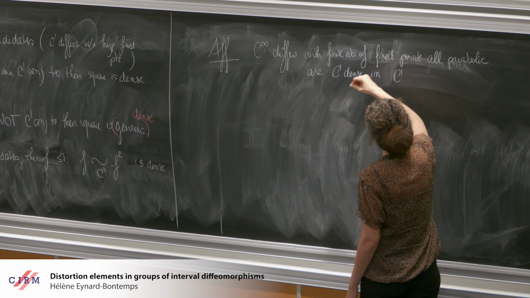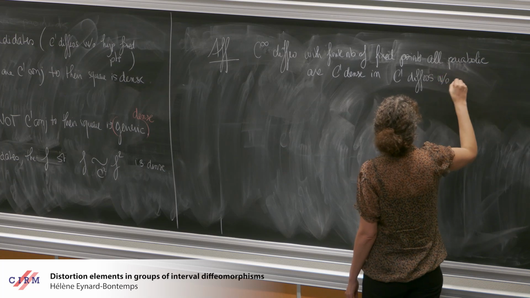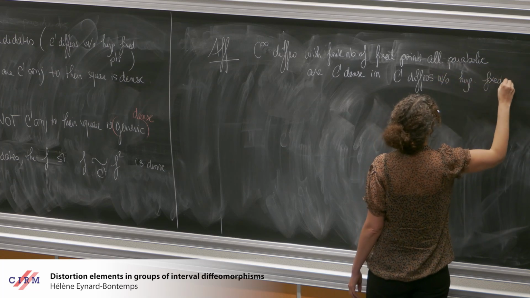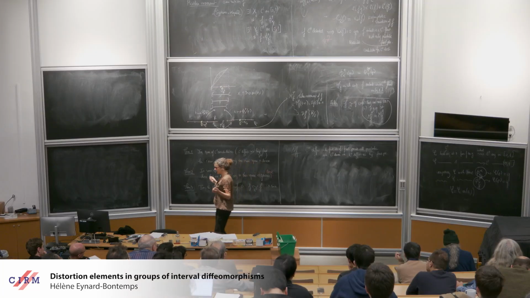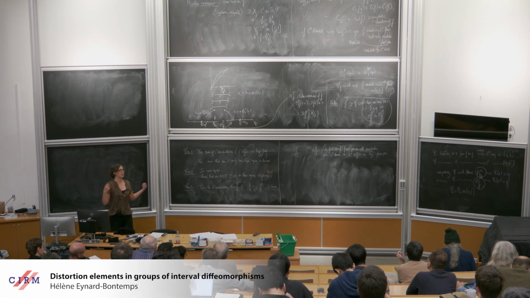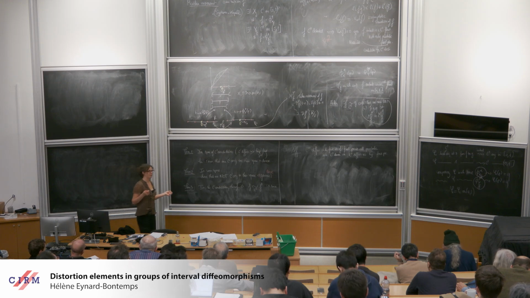In C1 diffeos without hyperbolic fixed points. So the idea is that if you start with any C1 diffeomorphism with only parabolic fixed points, you first approximate it by a smooth diffeomorphism with only parabolic fixed points and a finite number of them. Okay?